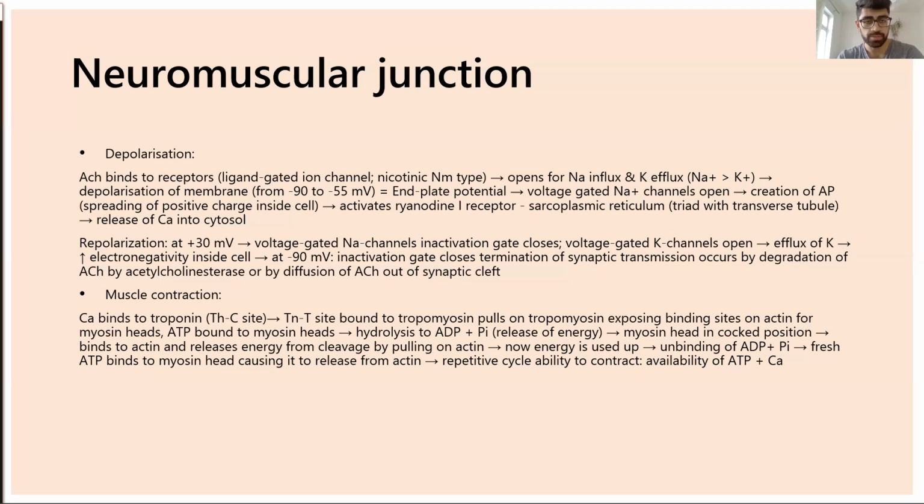But essentially, quick recap: the neuromuscular junction is a specific type of synapse, a cell-to-cell interaction, but it's not between neuron and neuron. It's between a neuron and a muscle cell. It could be smooth muscle, so leiomyocyte, or skeletal muscle, so rhabdomyocyte.